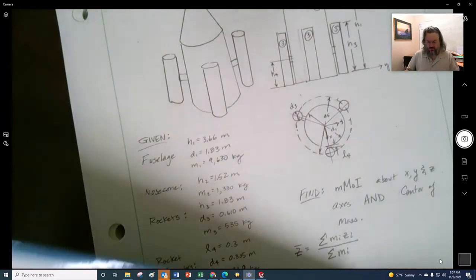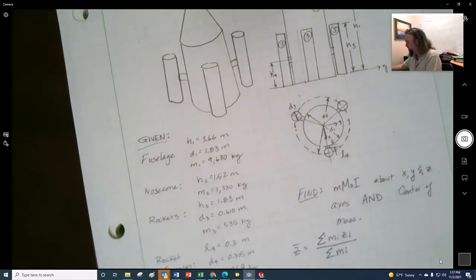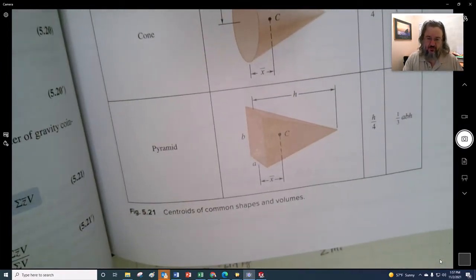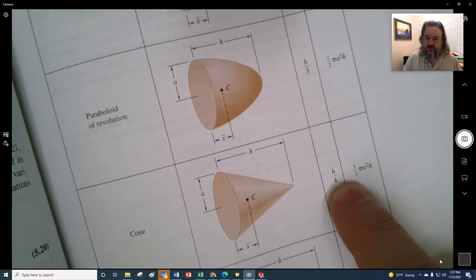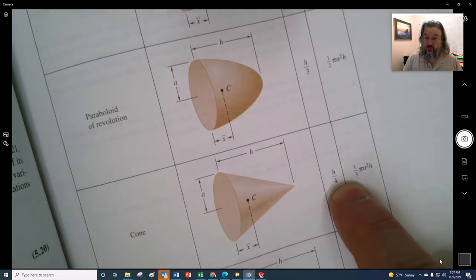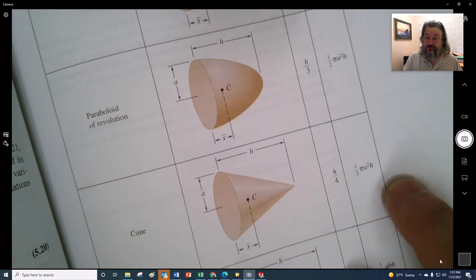Some books actually used to have it in the cover, some of the editions of this. Here in chapter 5 is the center of the cone, and they're telling us that it's h/4. So that's for a standard cone.